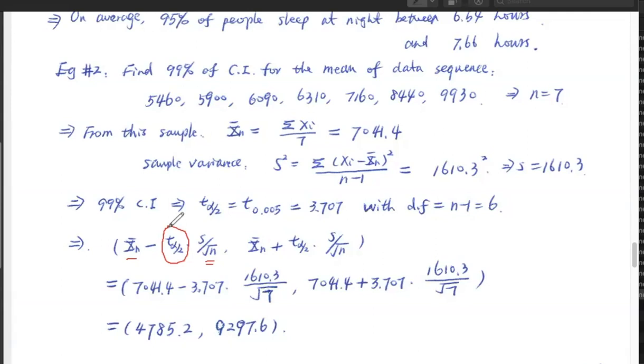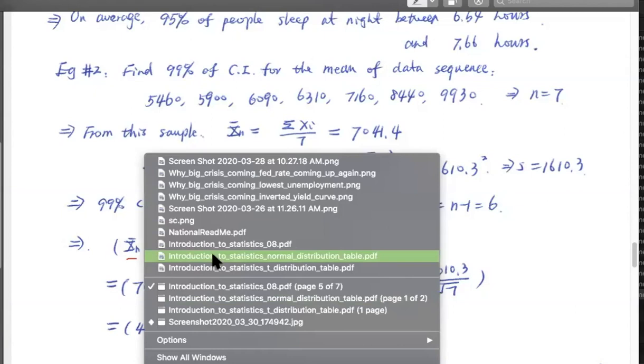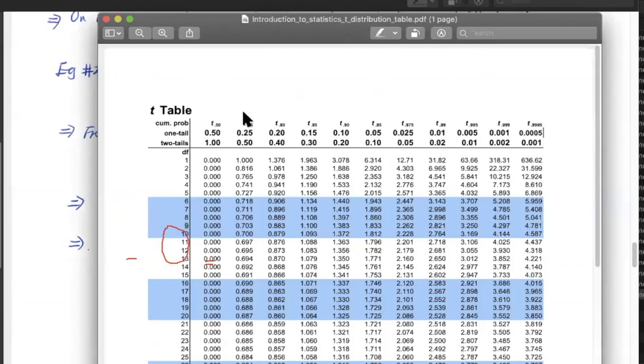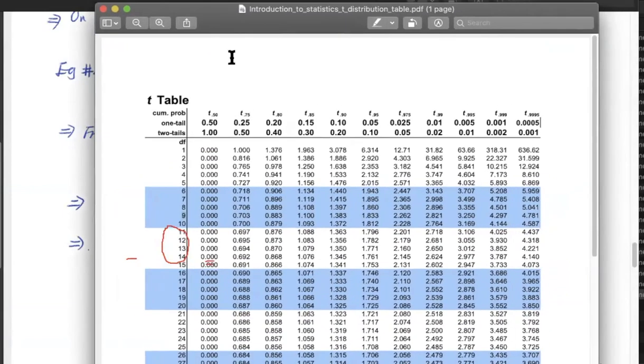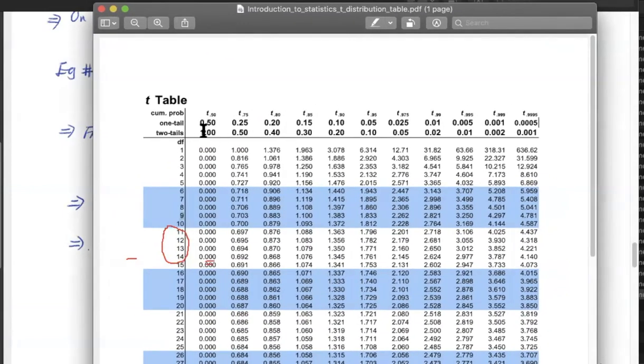We have to go to the t-table, right? And remember, if I show you the t-table, where do we start from? For the 1 tail, 2 tail rows, forget that stuff. We will come back to this later.